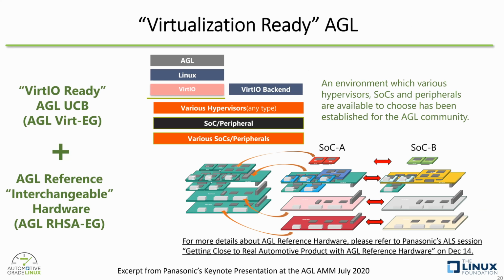Echoing the concept of the AGL reference hardware and taking advantage of the VirtIO interfaces, we can now say that in AGL we have already achieved this kind of environment for both hardware and software, which is able to support various hypervisors, SOCs, and peripherals to be chosen freely by the community.